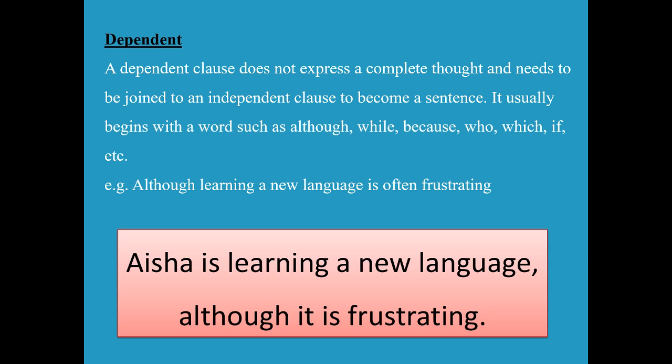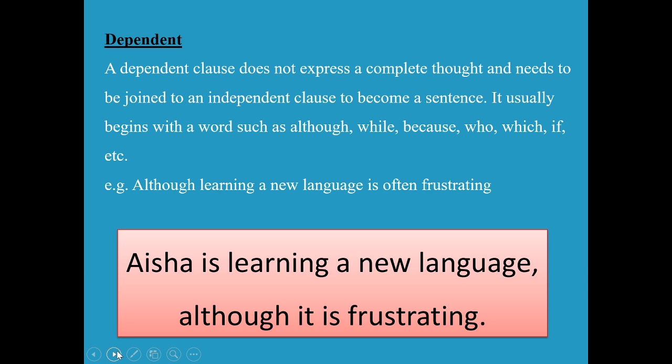Because when we read only that part, we do not get its full meaning. We do not understand what the word it is referring to, right? So we know that this part of the sentence is relying on the first part of the sentence to convey its full meaning. Therefore, Aisha is learning a new language, although it is frustrating.